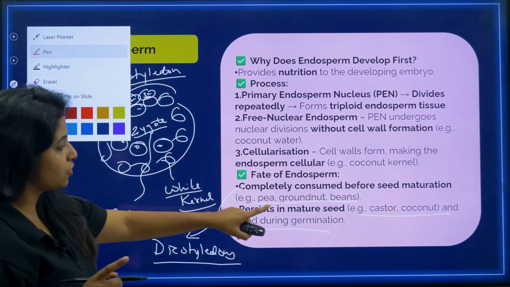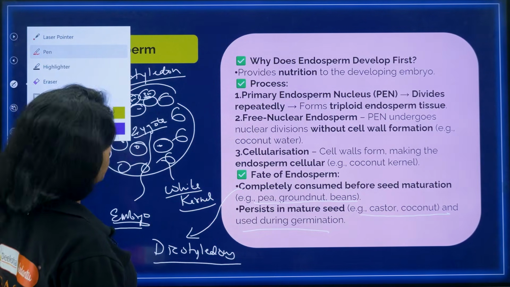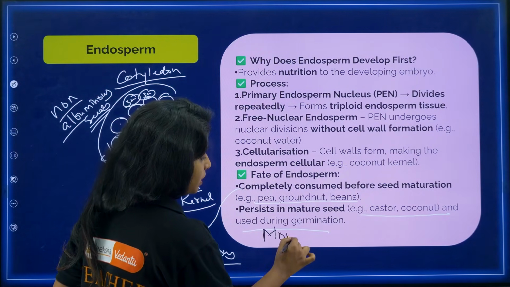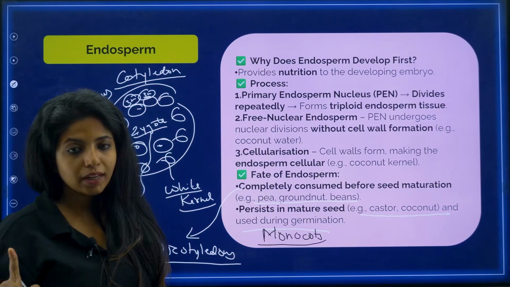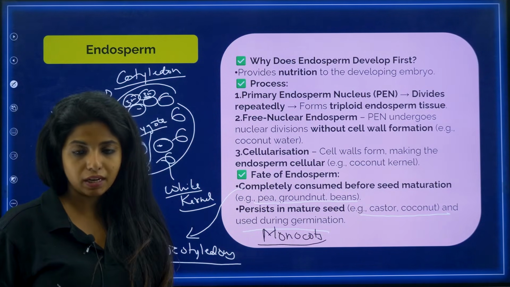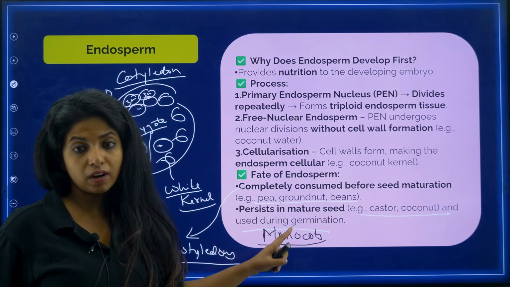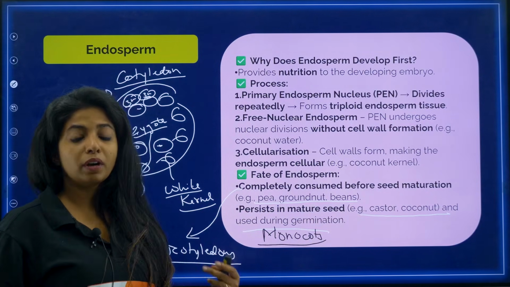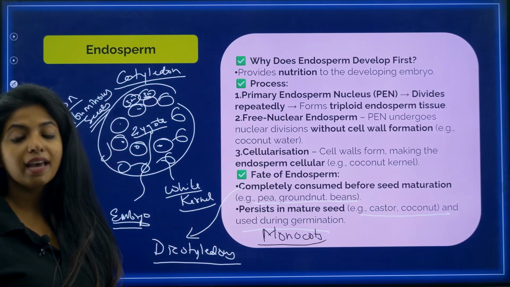Over here in castor and coconut, the endosperm still persists. What do I call them? I call them monocots, my dear children. They do not make two cotyledons, they just make one cotyledon, and some amount of endosperm is still left. So I cannot break them into two, they just have one cotyledon, that is castor, coconut and everyone. I want you to remember it this way because you might be able to relate to it and learn better. These seeds are known as albuminous seeds.